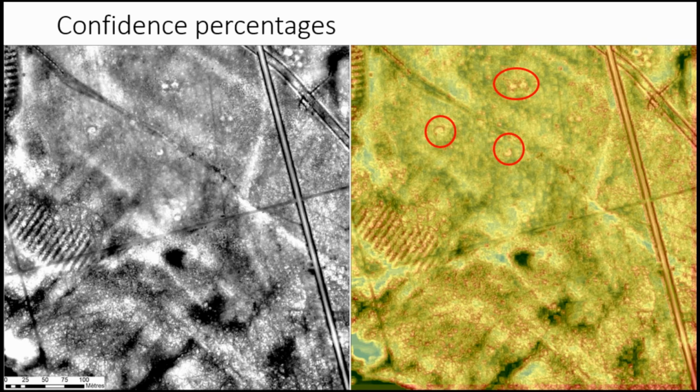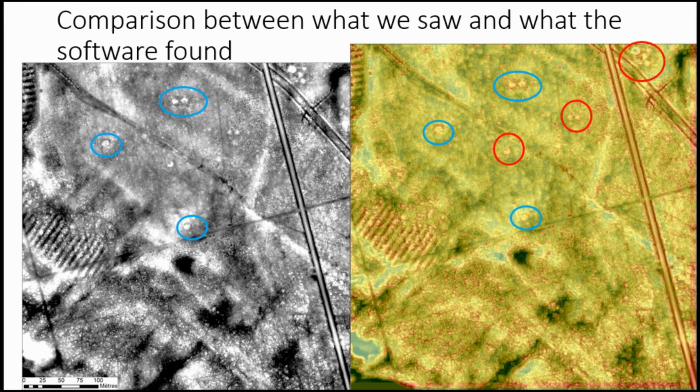It actually recognizes the ditch parts as shulker piles, which are here highlighted in red, and the elevated part as not, which means that when we look at the screen, we still recognize the shulker piles. And if we compare it to what we actually saw beforehand on the same image, it showed us some that we didn't find.